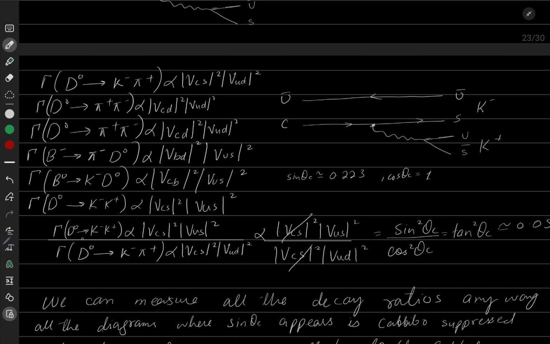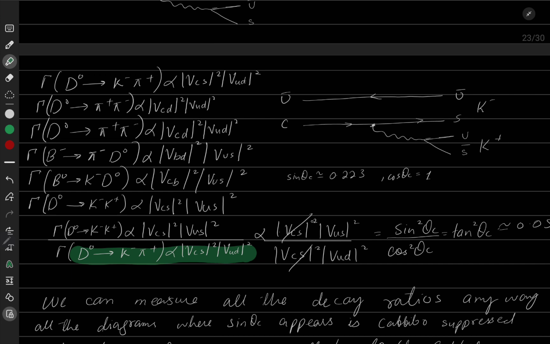The first process is proportional to VCS squared and VUS squared, and in the other process, this is proportional to VCS and VUD.